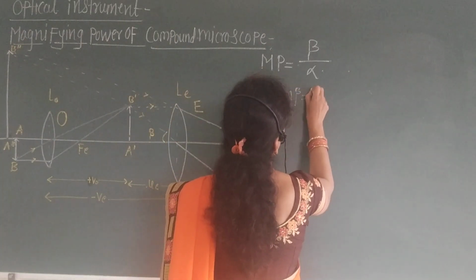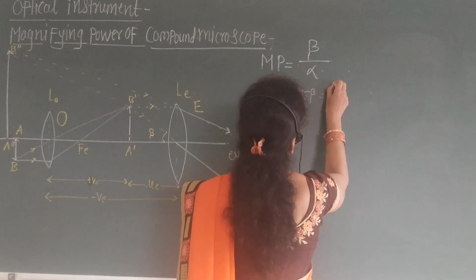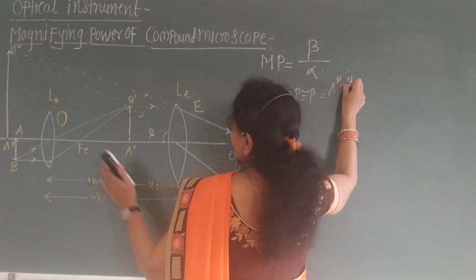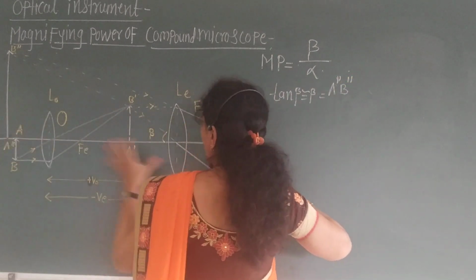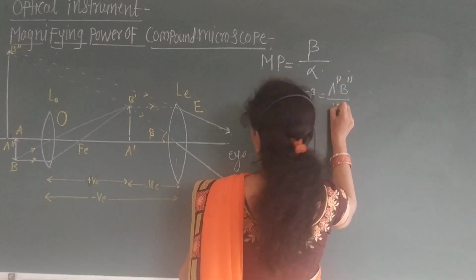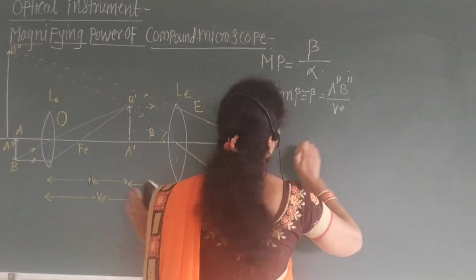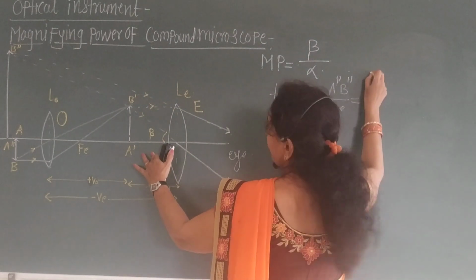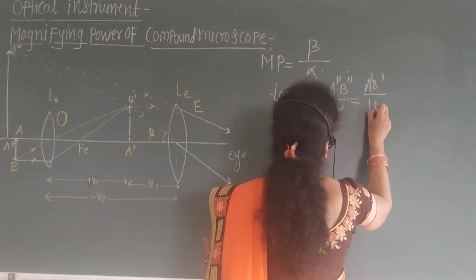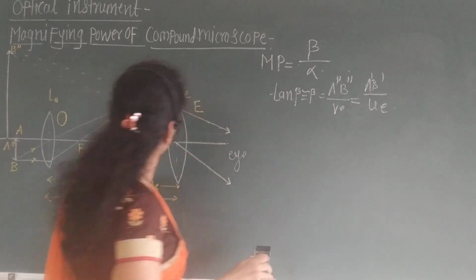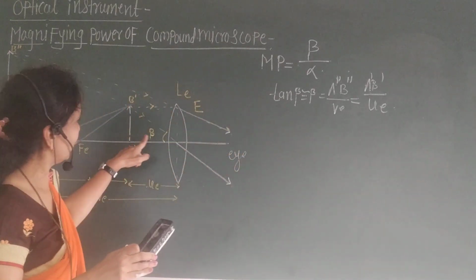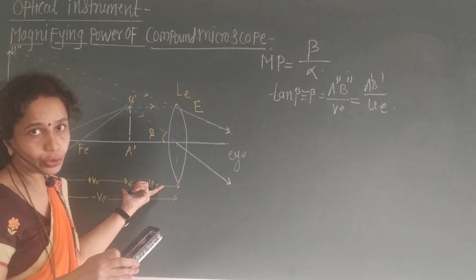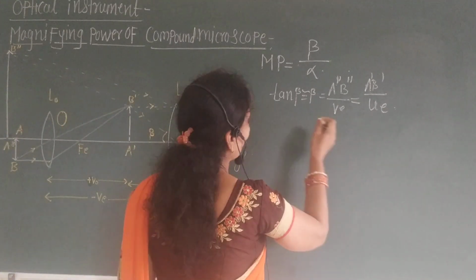Tan beta, which is nearly equal to beta, is equal to A double dash B double dash upon VE, where this distance is VE, and which is also equal to A dash B dash upon UE, according to trigonometry.